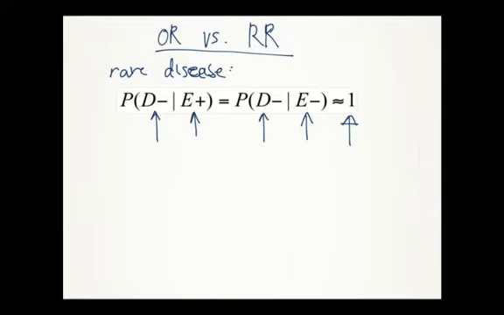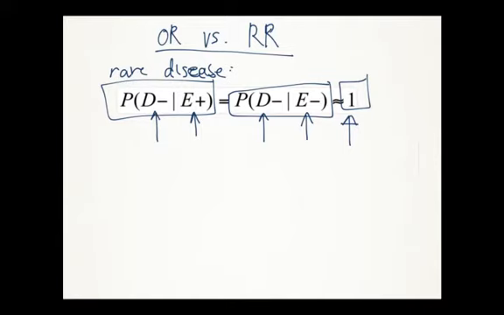If something happens very infrequently, we expect the people without disease to be the huge majority, which is why this holds.